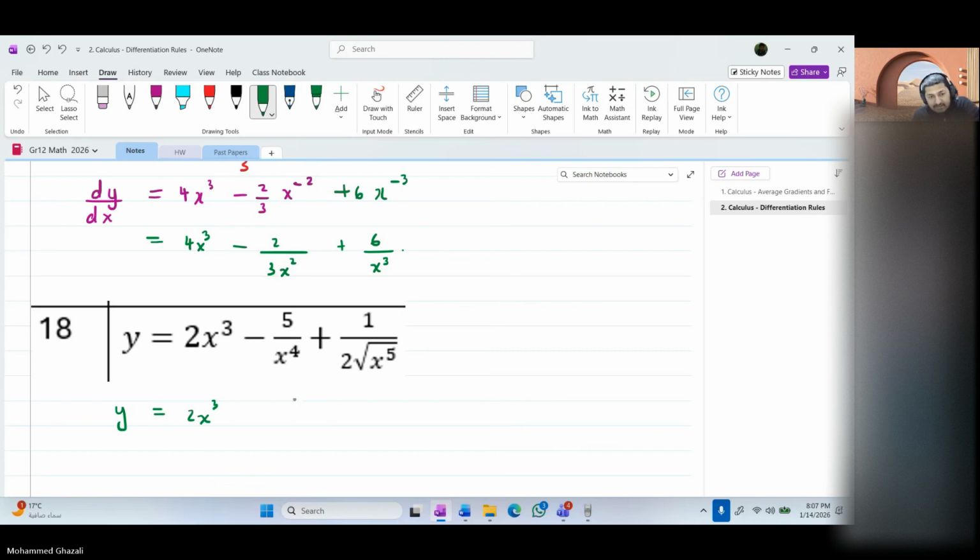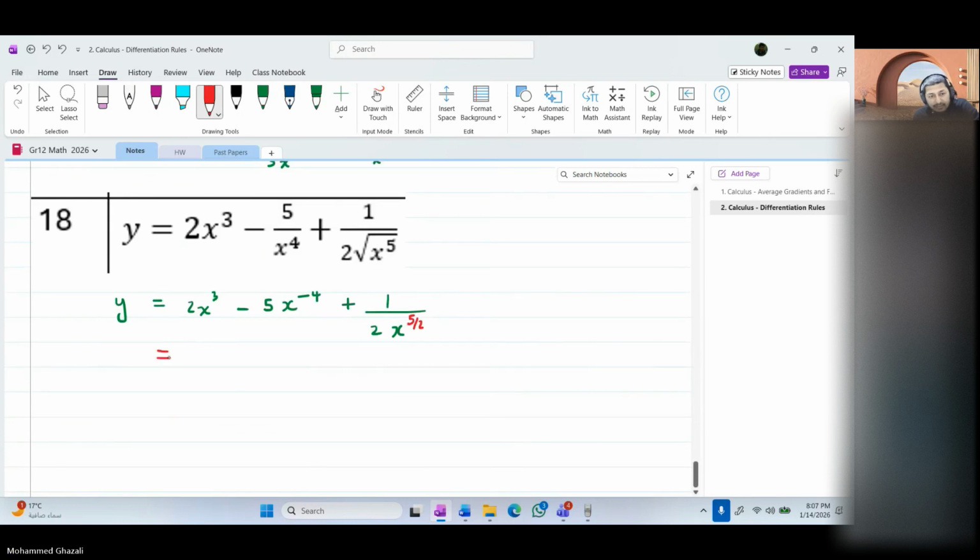Minus 5 and x to the negative 4. Good. Plus 1 over 2. Let's leave that as it is. Mishka, you can try this out. X to the power, this is a radical, 5 over 2. Good. Now we need to put it in power form, so bring everything up.